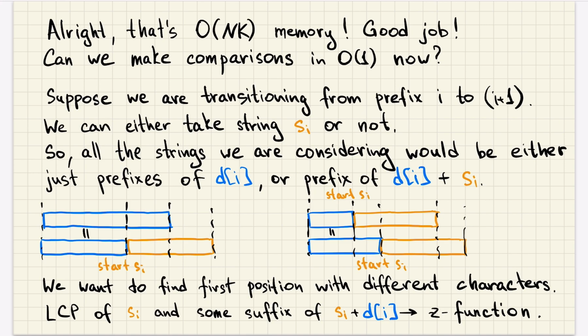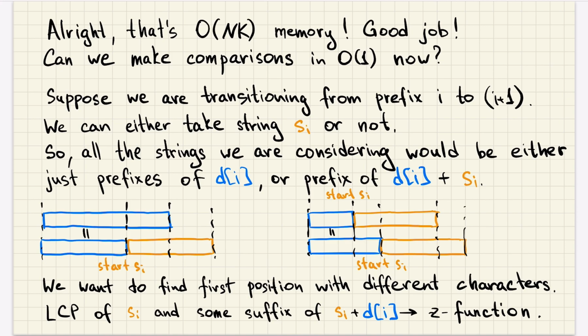But that's the definition of that function: for a given string, for every suffix, calculate the longest common prefix with the whole string. So if we calculate that function for this string, we will be able to answer queries in constant time.